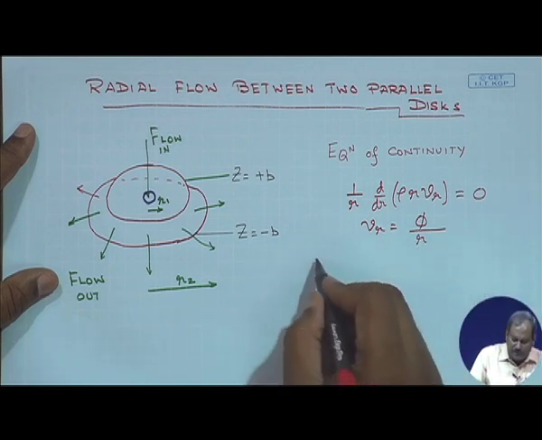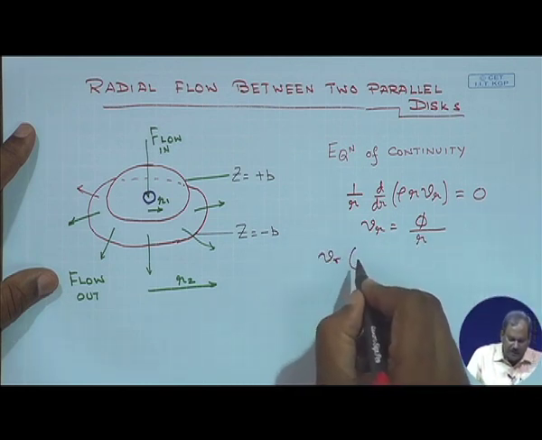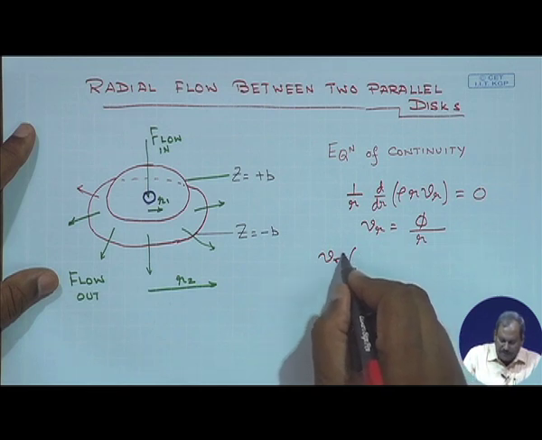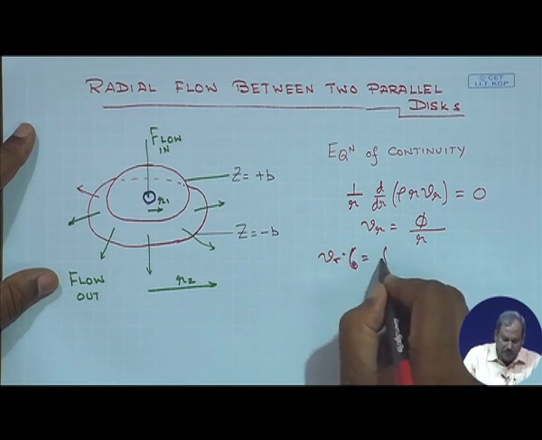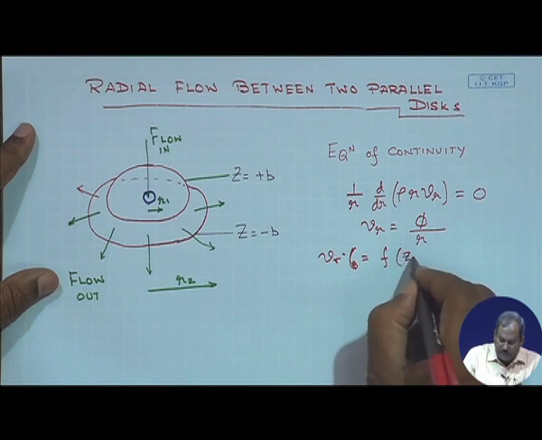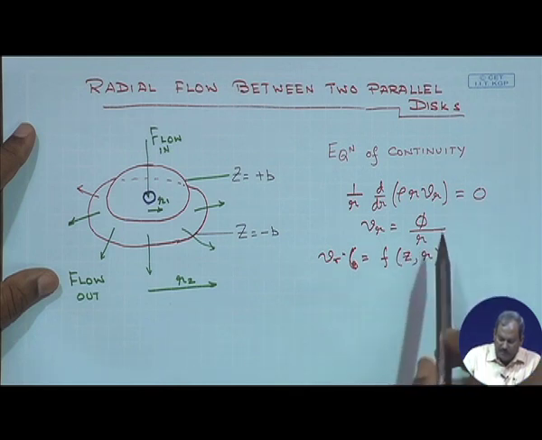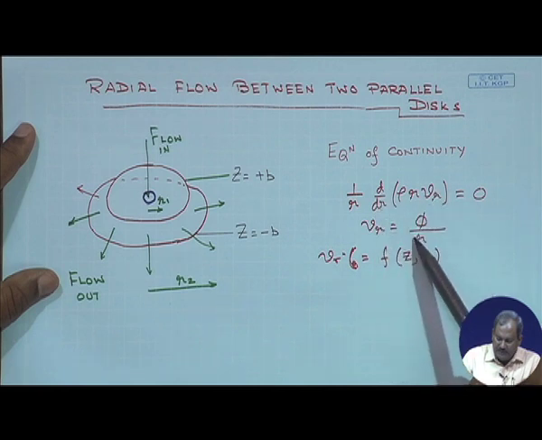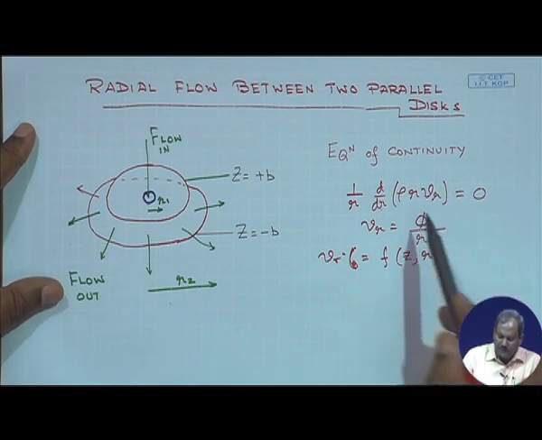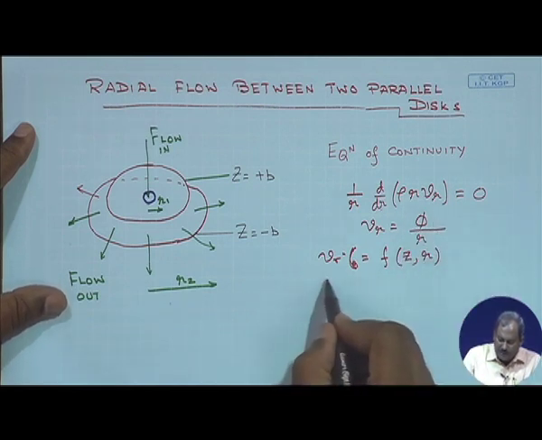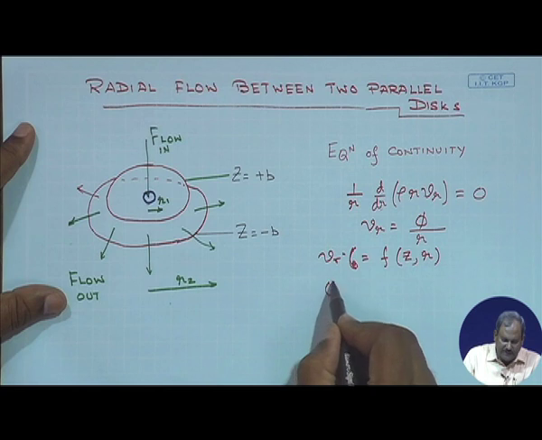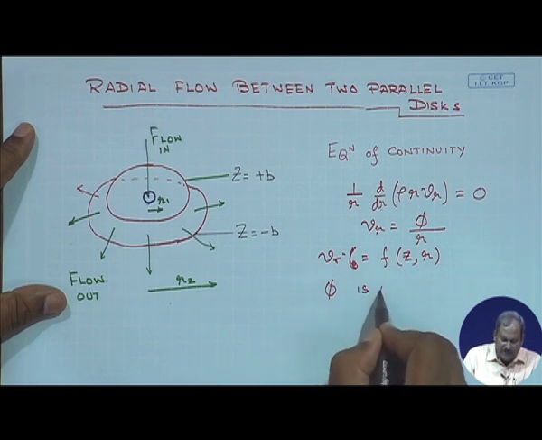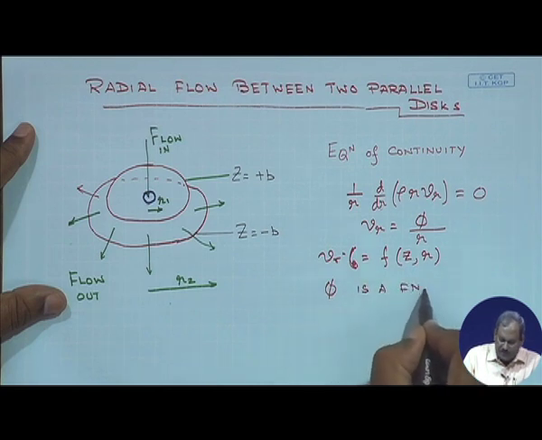Now, velocity in the r direction, as I have mentioned before, is going to be a function of z and r. Since d/dr of (r Vr) is a constant, or rather d/dr of φ is equal to 0, it is clear from this relation that φ is a function of z.